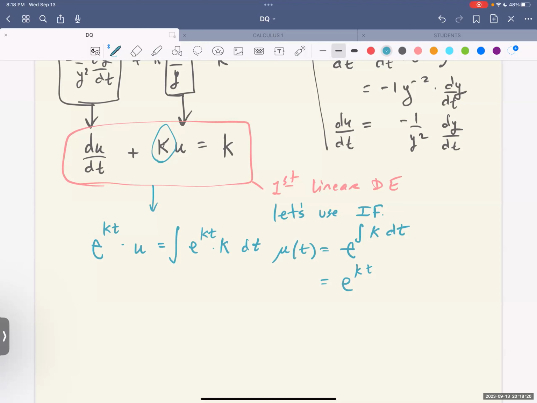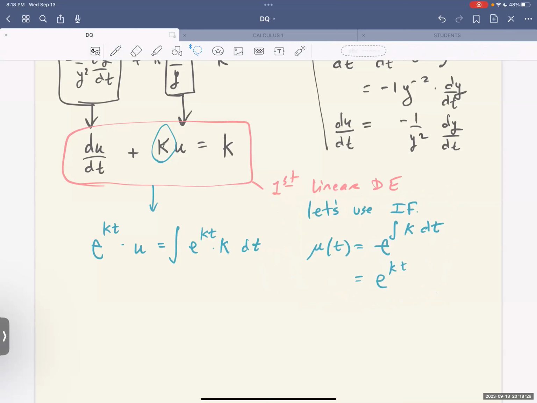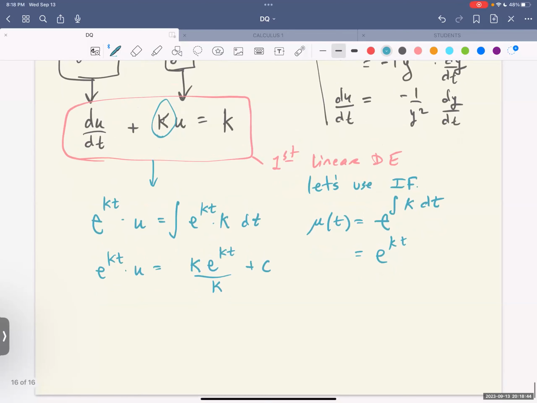Okay, so now let's move forward. We would get e to the kt times u is, let's see, anti-differentiate. K is a constant. We'd have e to the kt, divide by the derivative of that exponent plus a c.